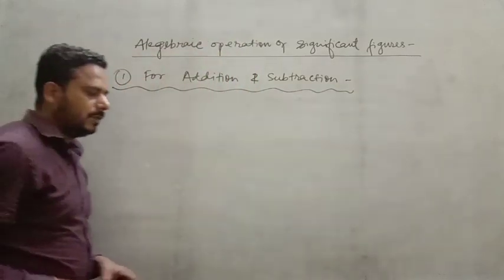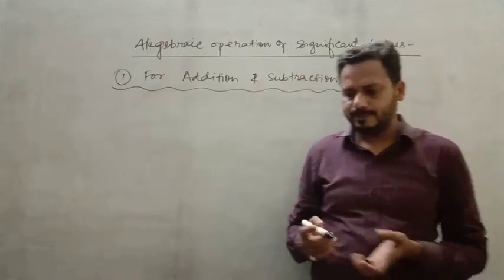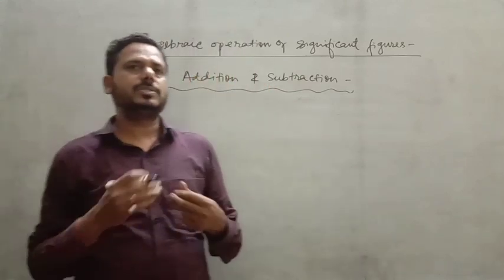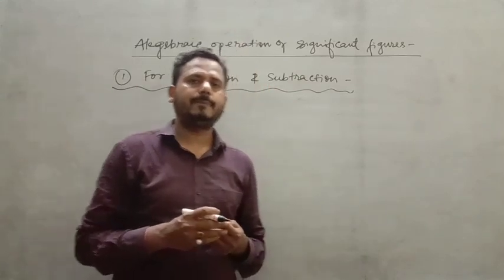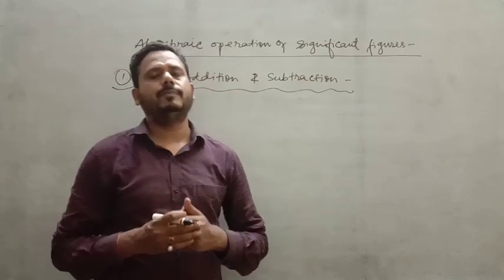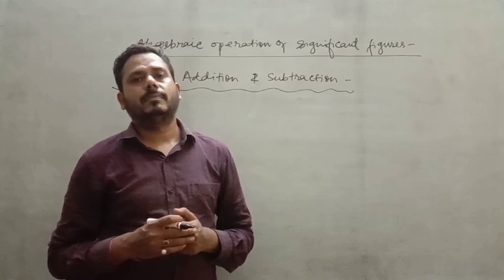For addition and subtraction, you have to take the least number of digits after the decimal. Then in the result, you have to take the same number of digits after the decimal.